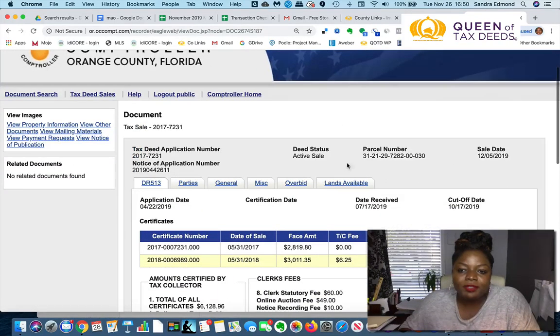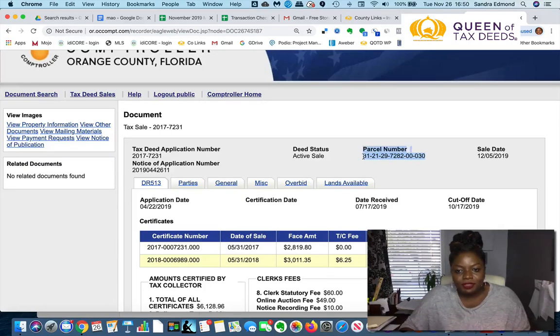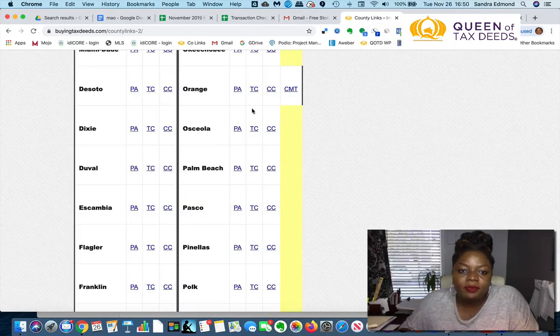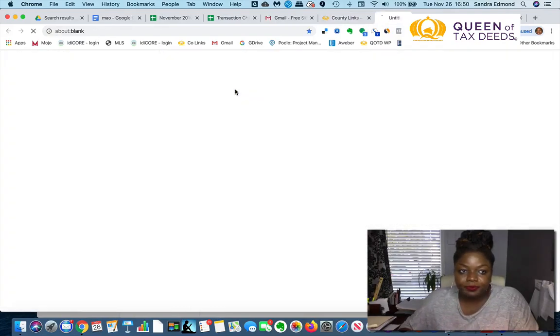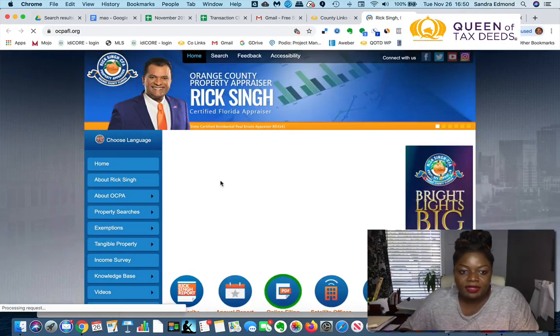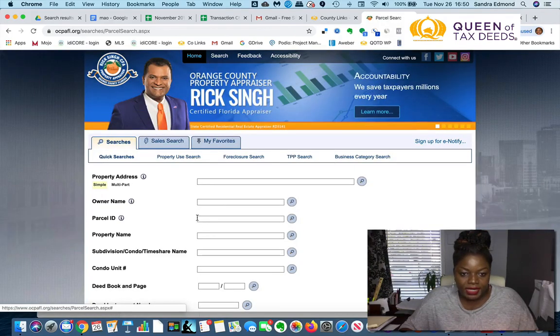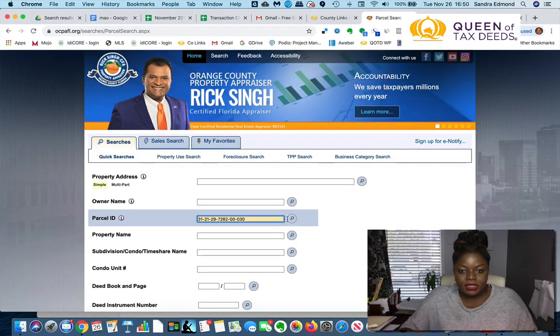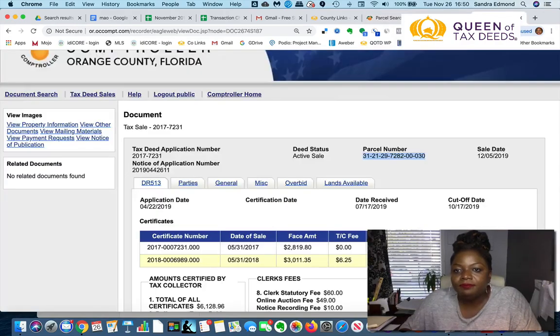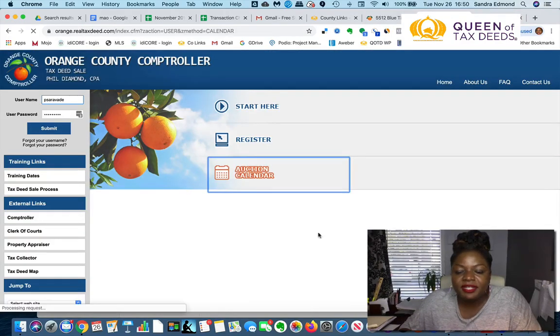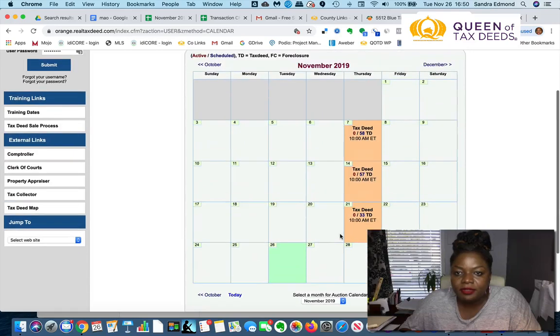You have a couple of options. You can copy the parcel ID number from here, go to the property appraiser's website, and put it in over here. Or you can go directly from the sales site.